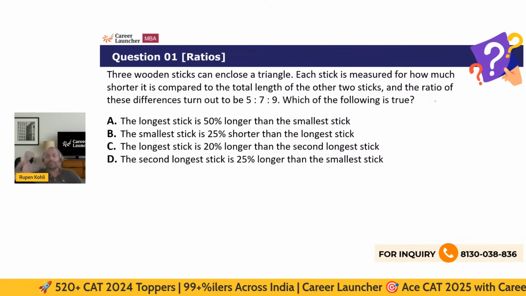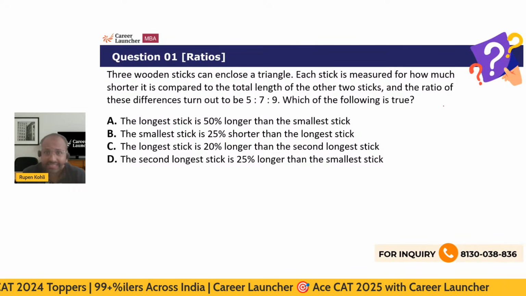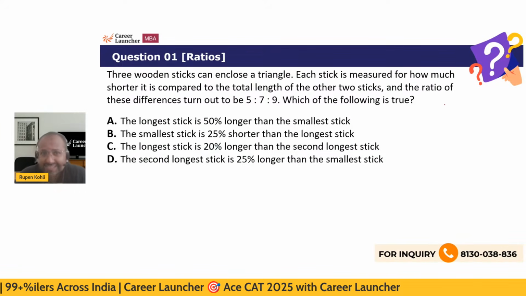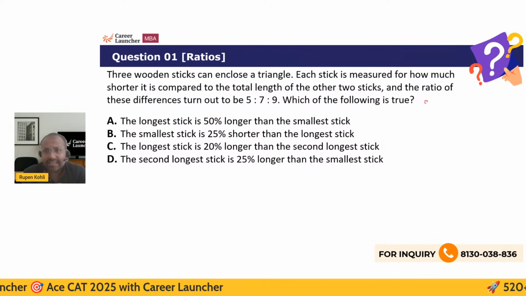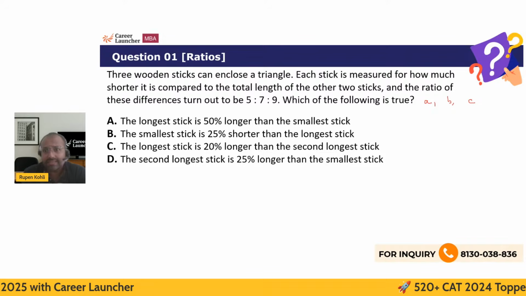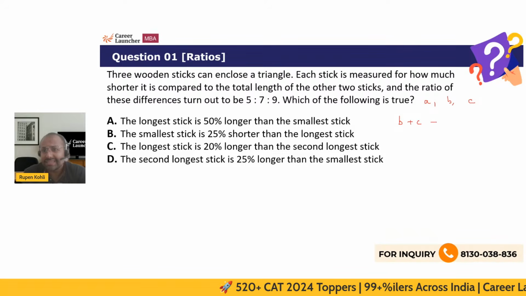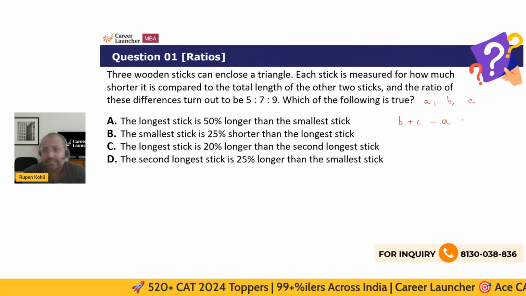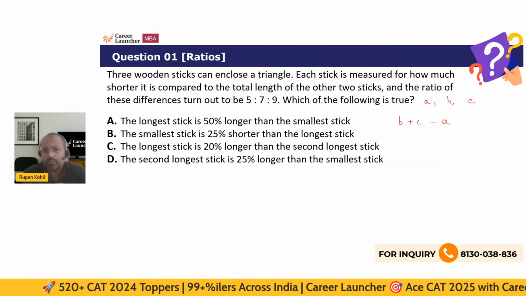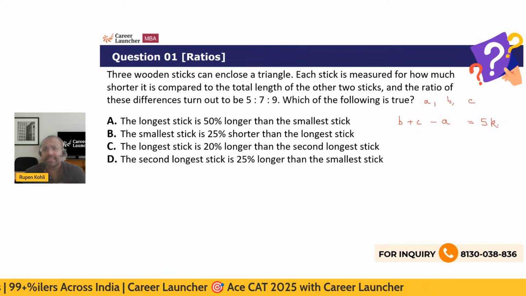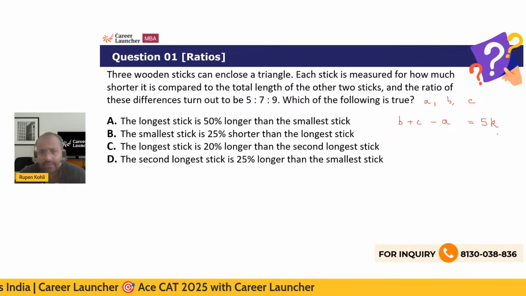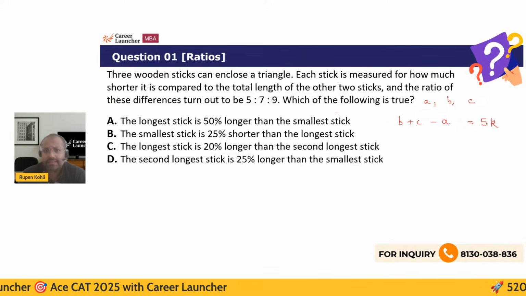So it is this difference which is calculated for each side, and the ratio of those differences turns out to be 5:7:9. If the sides are A, B, C, then for the side A, the difference would be B plus C minus A, which is equivalent to 5 in ratio. Let's say this is 5 times some ratio constant K. In this way, we can define the three differences as 5K, 7K, 9K.